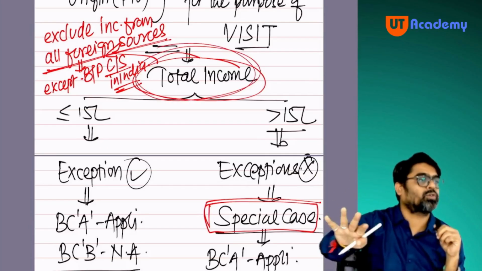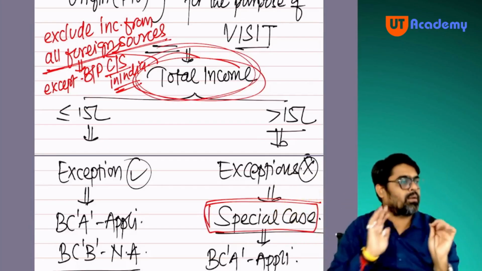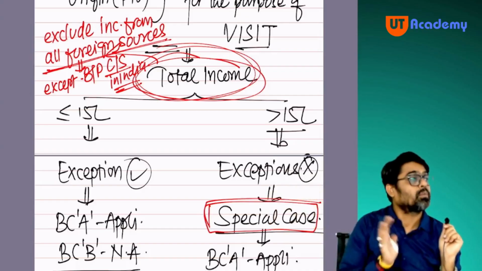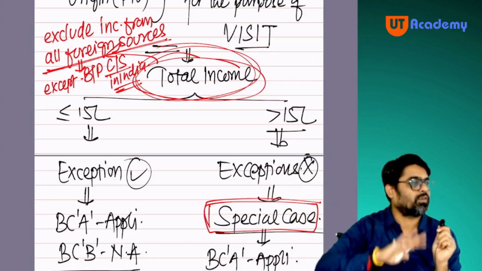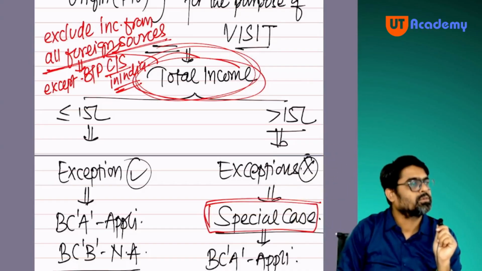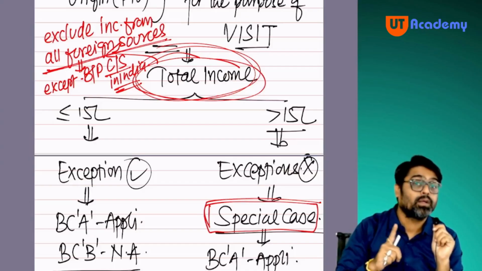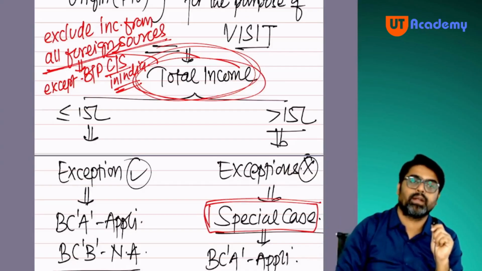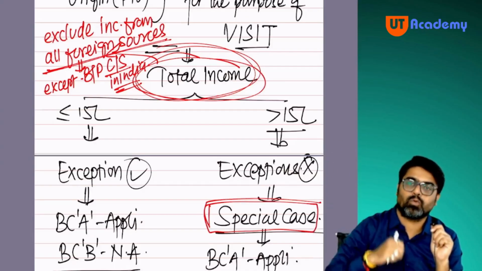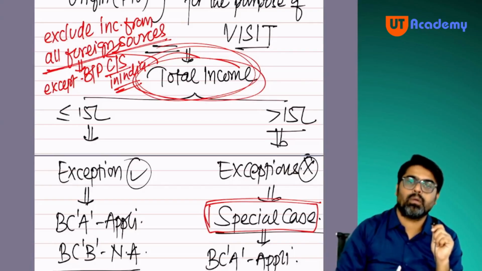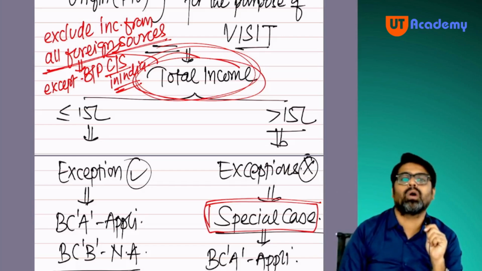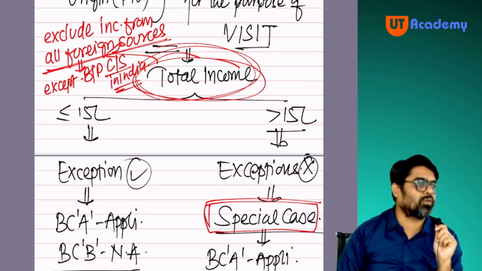To calculate this total income, you take all the incomes from all these sources, but don't take the income of foreign sources. Exclude foreign source income other than business or profession which is controlled from India or set up in India. If there is a business or profession outside India which is controlled from India or set up in India, that is a foreign source only, but take the income of that foreign source, no problem.